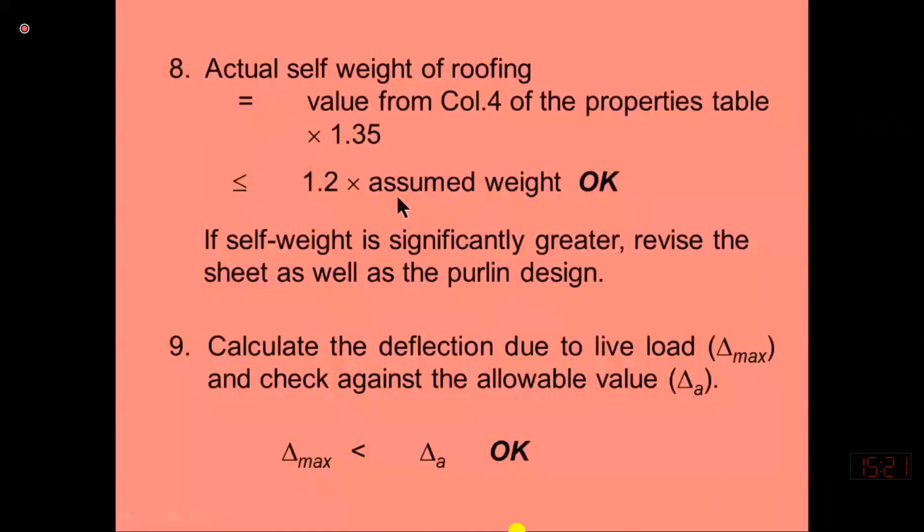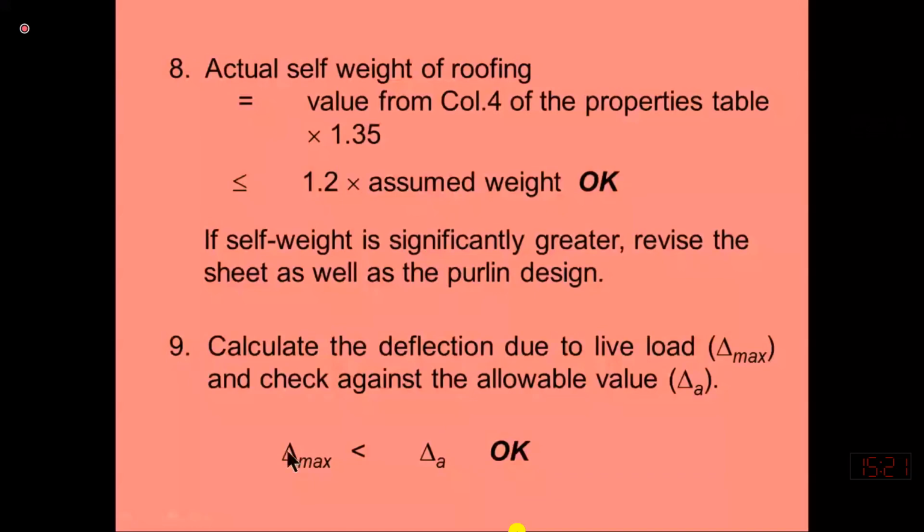And at the end, we also check the deflection. So allowable deflection is span divided by 90 as specified by the code, and we compute the maximum deflection that may be produced by any appropriate formula.